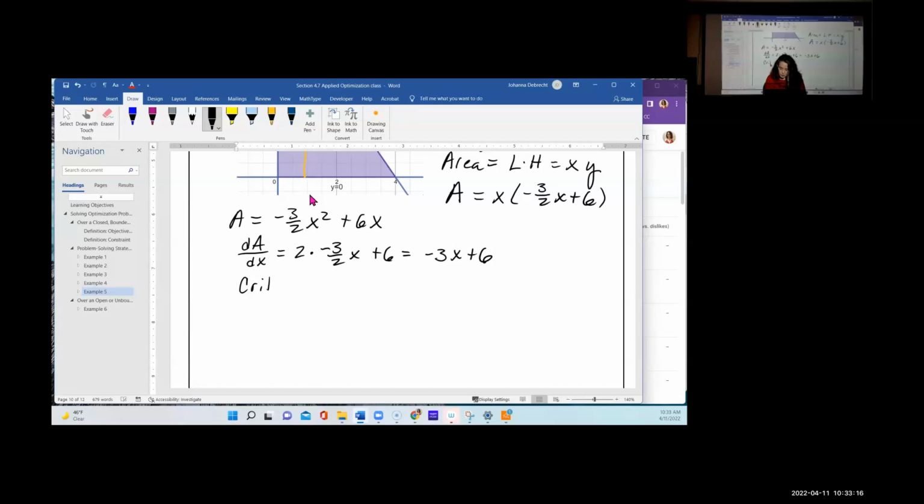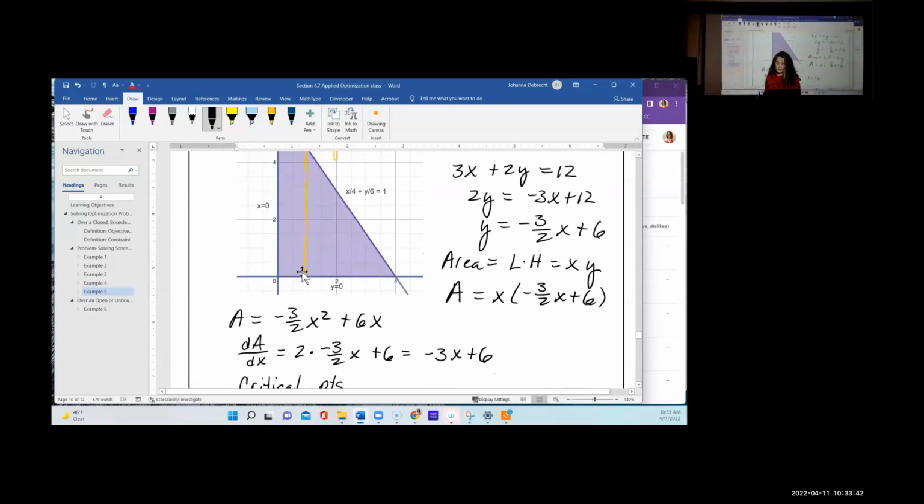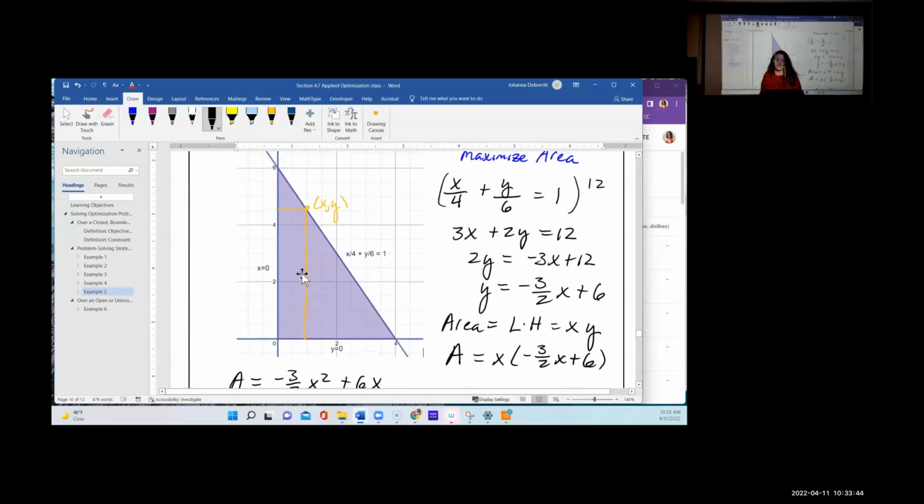Remember, there are two ways to get critical points. You can have a type 1, first derivative equal to 0. And type 2, first derivative does not exist, but the area function does. In other words, it's in the domain of the area function. And we didn't put any constraints on our X and our Y, but we definitely have them.